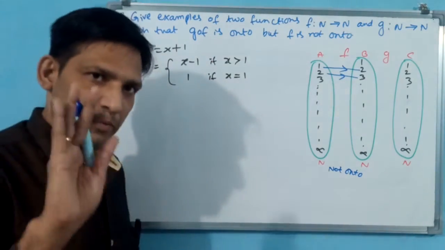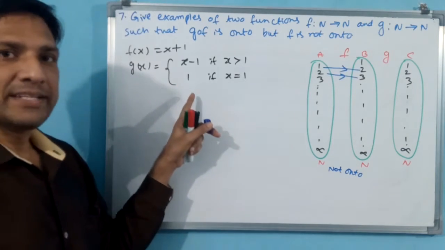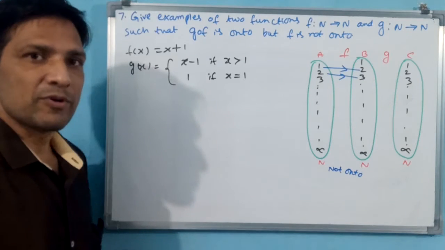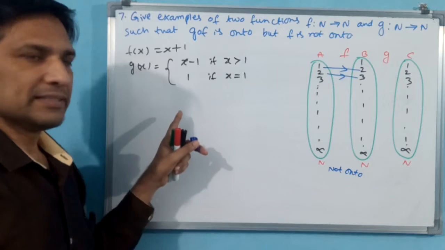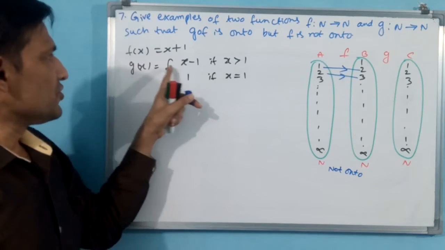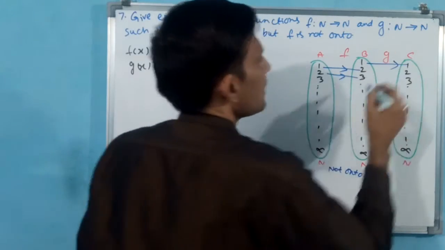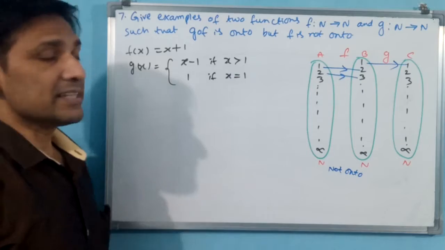GOF is onto. Okay, before going to GOF, first you see g of x. What have we designed? You forget about the hint, because in examination you don't get a hint. g of x is 1 if x is 1. Okay, we have made the connection for 1. x minus 1 if x is greater than 1.